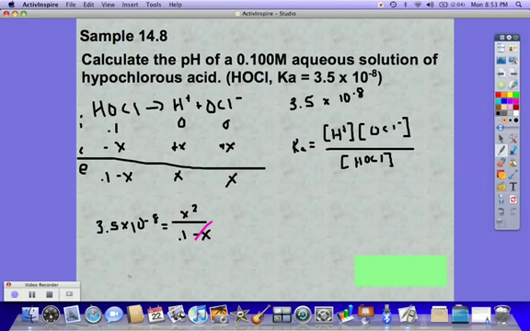Solving for x, we're going to get our concentration of H, which is 5.92 times 10 to the negative 5th. So now we can plug it into our pH equation. pH equals the negative log of 5.92 times 10 to the negative 5th.